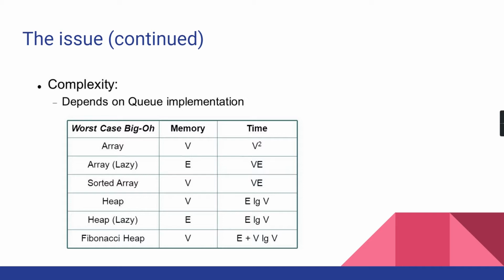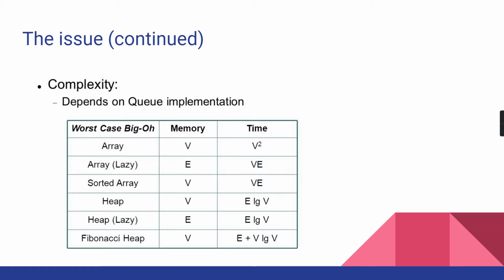So with an array, the memory would be the number of vertices, which is V, that we have in the array, and the time to execute that would be the number of vertices squared. And then for an array from a lazy approach, the memory would be the number of edges, the time would be the number of vertices times the number of edges.